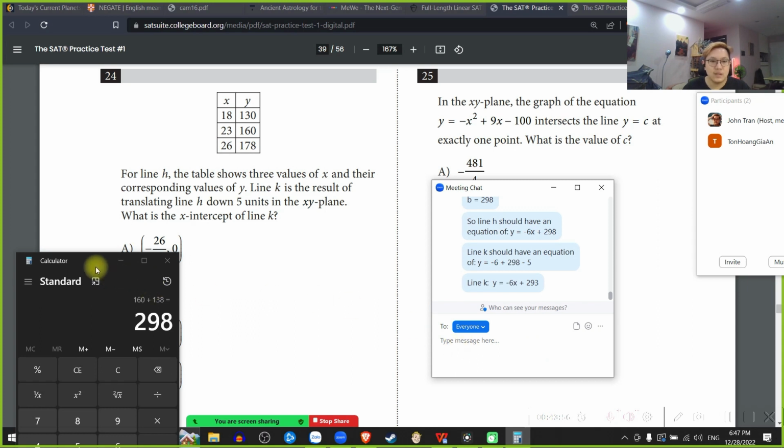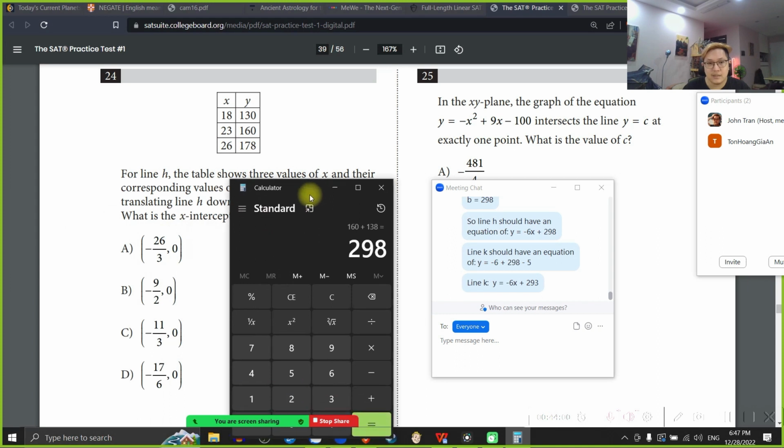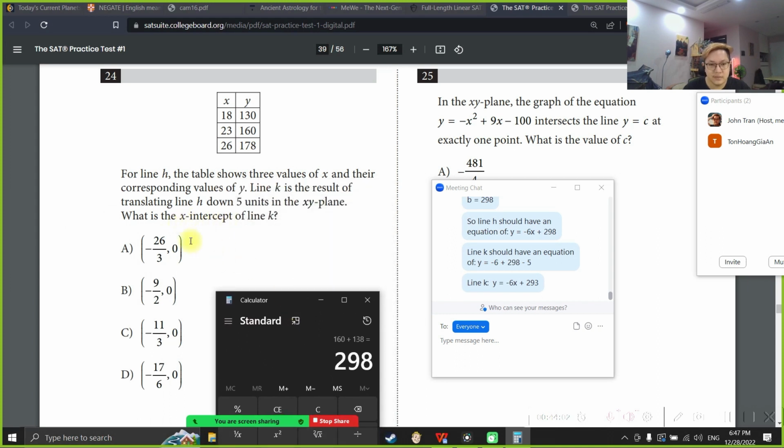And then they ask you what is the x-intercept of line K. If it intercepts the x-axis, that value of y should be 0. You can substitute each of these answers into line K, or what is the other way?